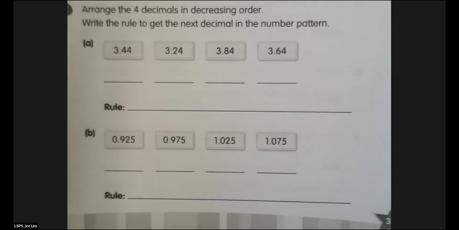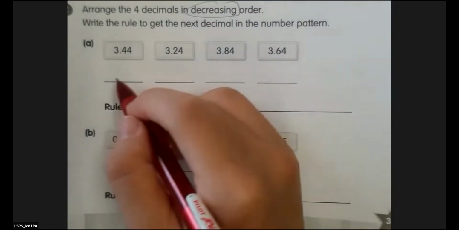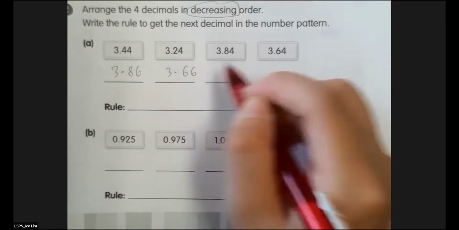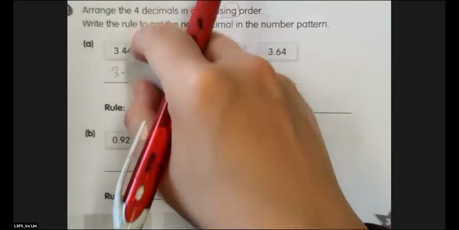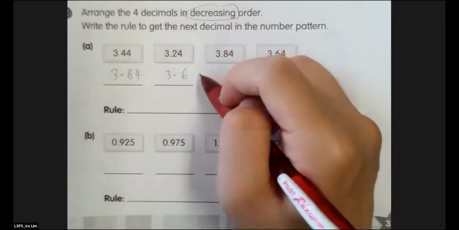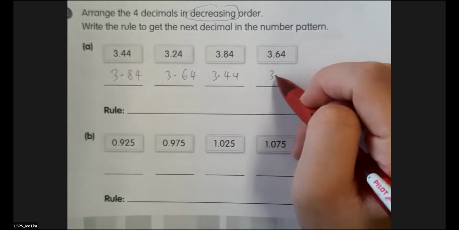For example, this one, arrange in decreasing order, I will get 3.84, 3.64, 3.44, 3.24.